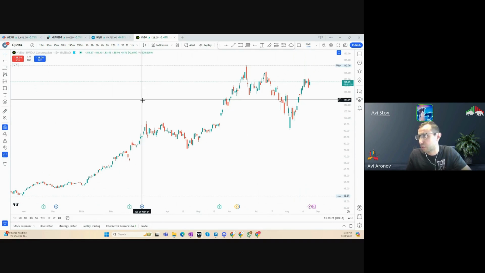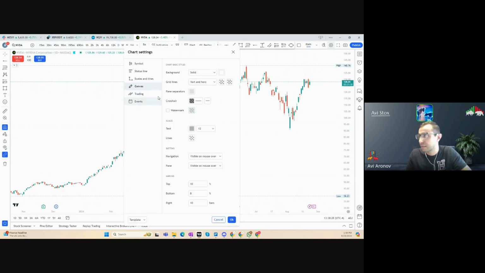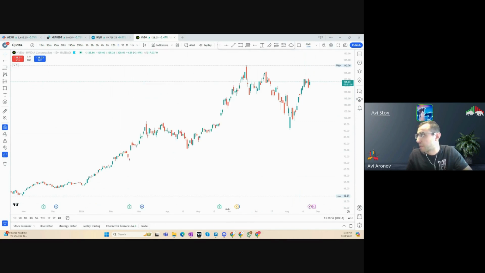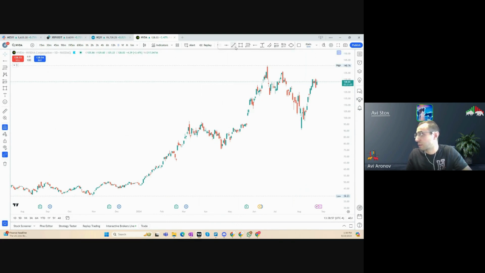If you want to do it for yourself as well, you right click settings, go to canvas, crosshair, and choose which thickness you would like and how see-through you want it. Usually I would recommend no more than 50 so you can see somewhat of the candle wick overall as well. That's what I did for my settings.